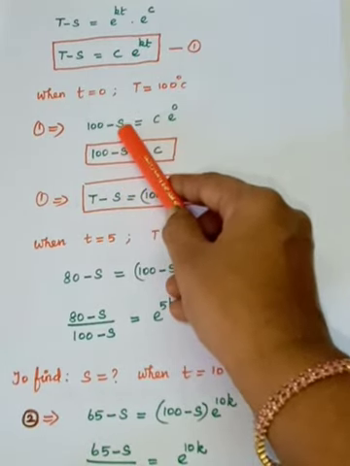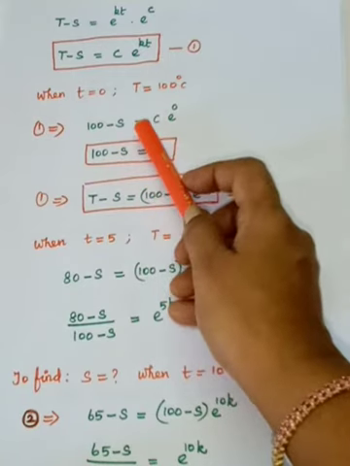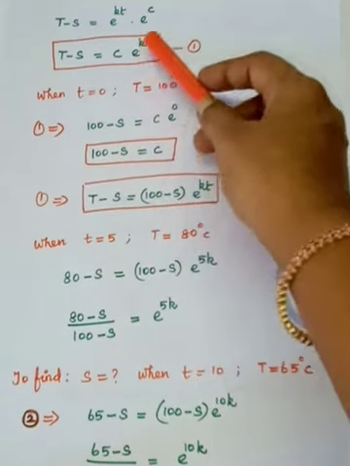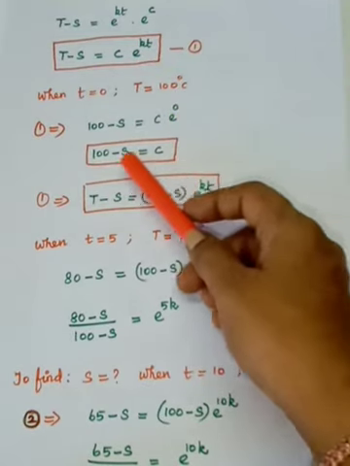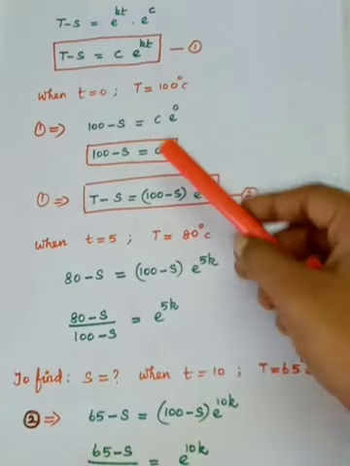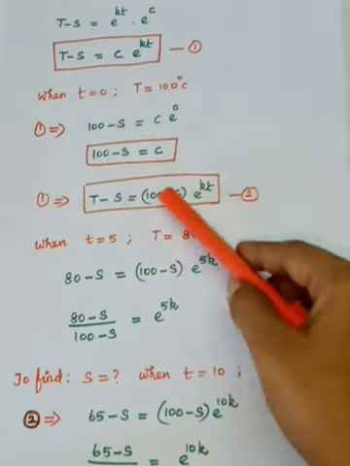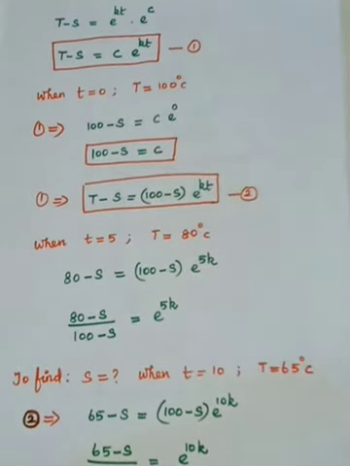That is the kitchen temperature, only we have to find that out. So S has to be written as it is equal to C e power 0 because the time is 0 initially. So C is equal to 100 minus S. The C value has to be substituted in the first equation. So in the place of C, 100 minus S, and mark this as equation 2. So the initial condition is over.